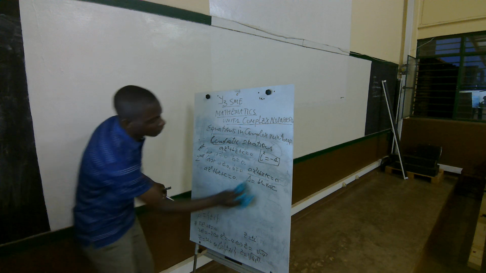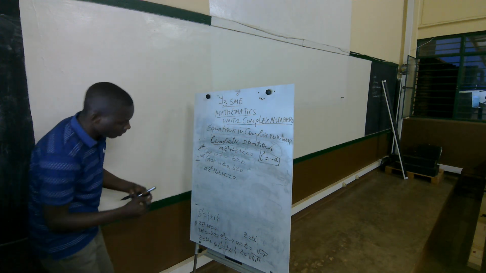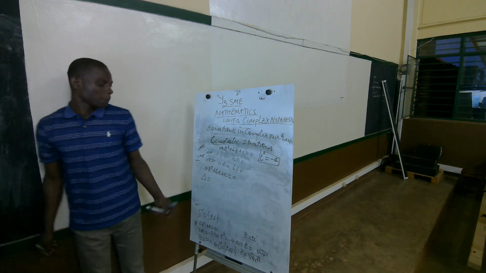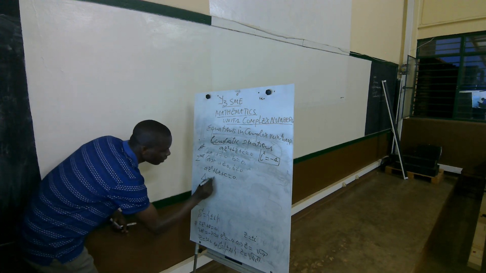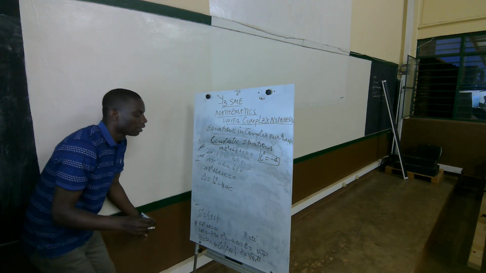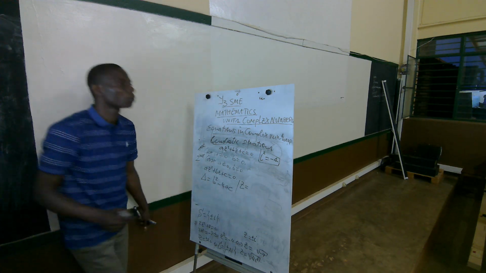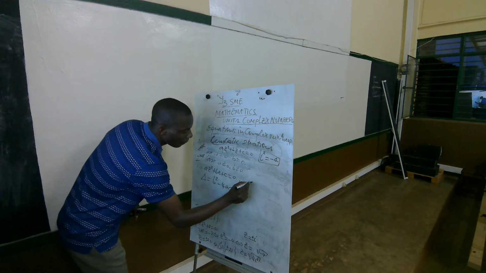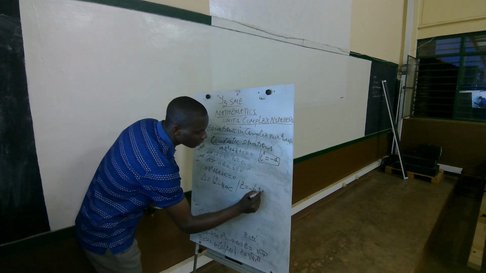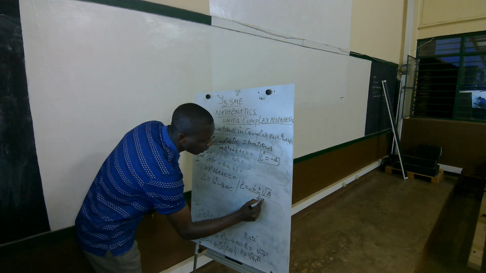It is the same even in the set of complex numbers, where we find the determinant, which is the same, b squared minus 4ac, and we find z is equal to negative b plus or minus the square root of the determinant, over 2a.